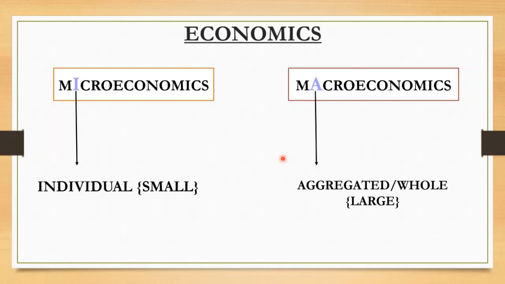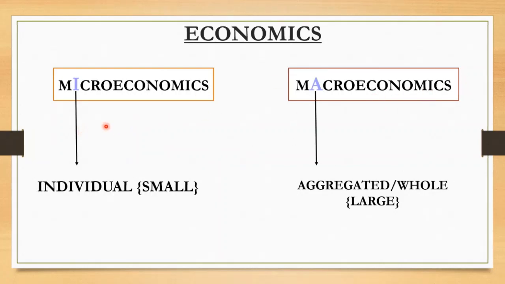Let us understand from where we get the word economics. The English term economics is derived from the Greek word oikonomia, which means household management. From this subject, we got micro and macro.